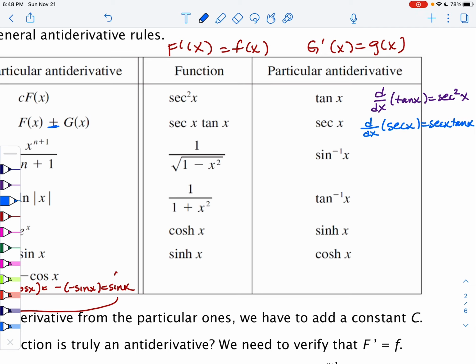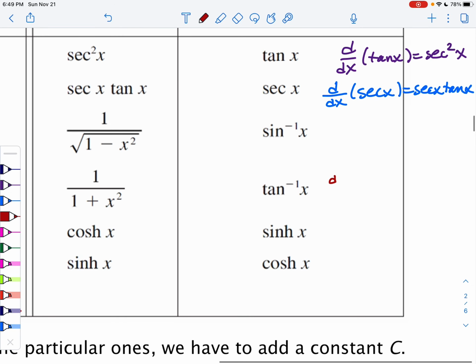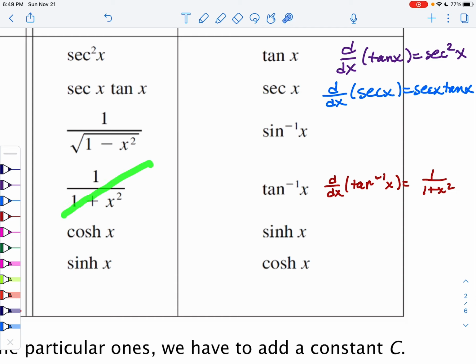And very common in integral calculus, and we're moving towards integration. That's the next section of calculus that you will study in the next semester. Inverse sine is very common in integration, and inverse tangent is common in integration. So if we know that the derivative with respect to x of the inverse tangent of x is equal to 1 over 1 plus x squared, then the antiderivative of 1 over 1 plus x squared is going to be the inverse tangent of x.